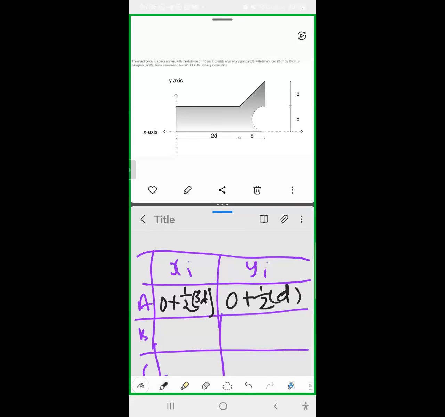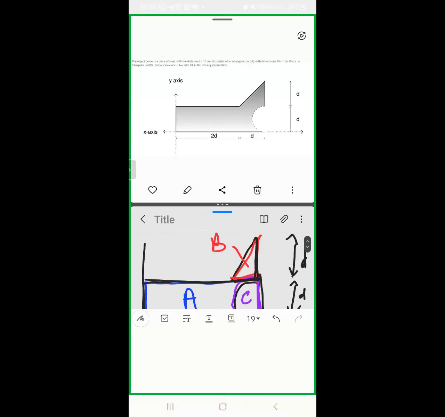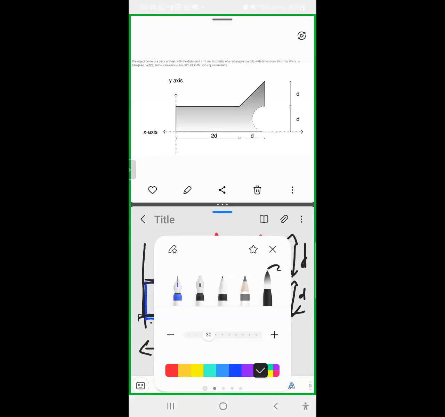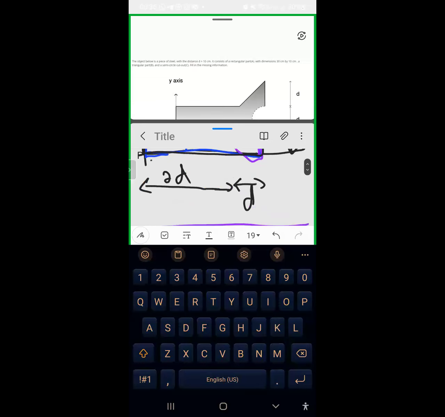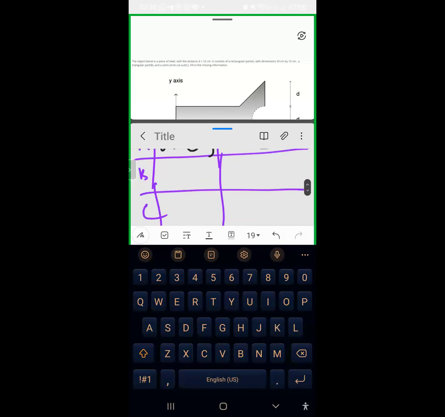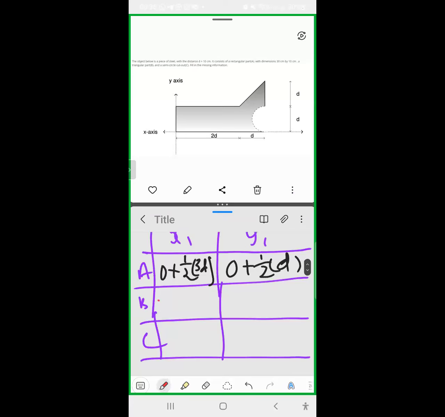So let's go back to our sketch. For object B, which is a right angle triangle, first thing, we can notice that along the x, it's located 2d units from the axis. Therefore, the coordinate of its center of mass is going to be 2d plus the x coordinate of its center of mass.